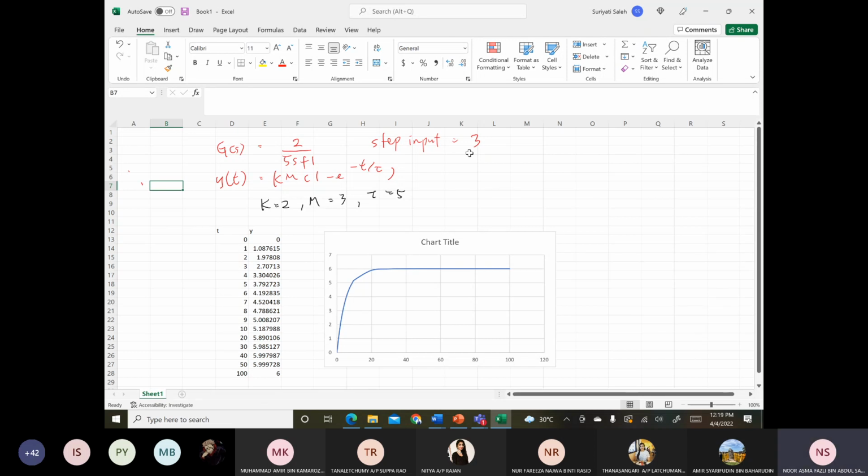Step input means the magnitude that I use for our case is 3. Just for illustration, you can use any kind of value for this case.